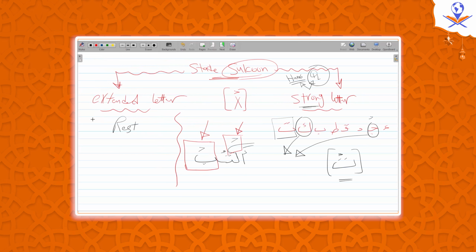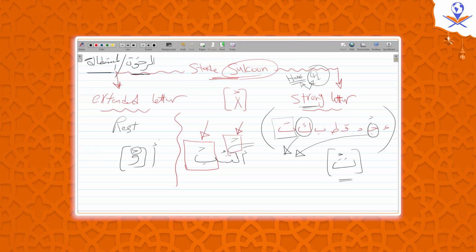Let's look at the opposite way: the extended letters. This is too easy. For example, choose any letter like waw. When waw is in the sukun state, it is not from the strong letters, so it's from the extended letters, which we call al-huruf al-rikhwa, or al-mustatala. Rikhwa means flexible. If it's in the sukun state, you need to extend it.